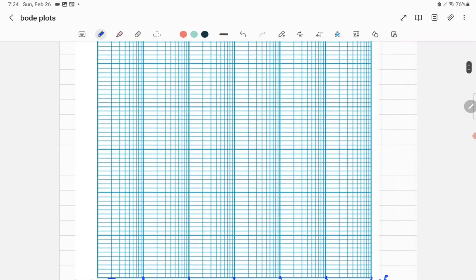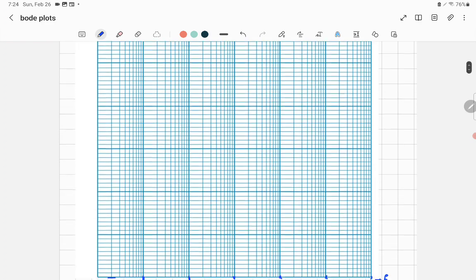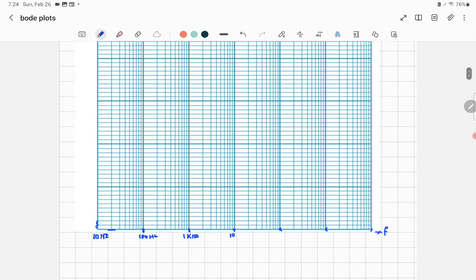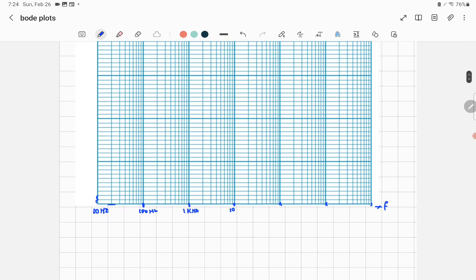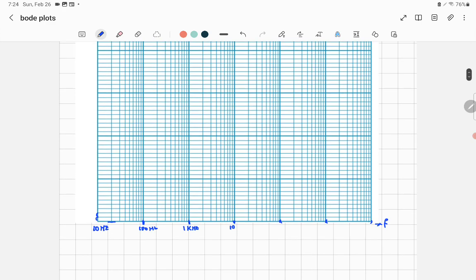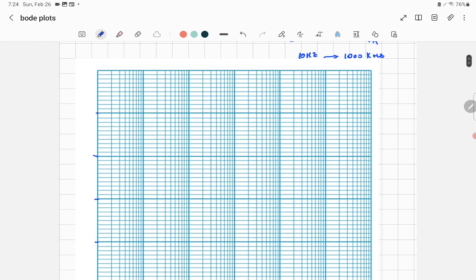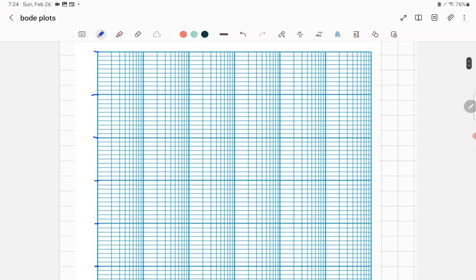The other axis, the vertical axis here, it's normal. It's linear scale. You see the distance between each division is the same. That's why we call this kind of sheet semi-log paper. How do you divide the vertical one? You divide the vertical one according to the range of your voltage gain in decibel. So you might say, I'm going to represent each vertical division as 20 decibel.